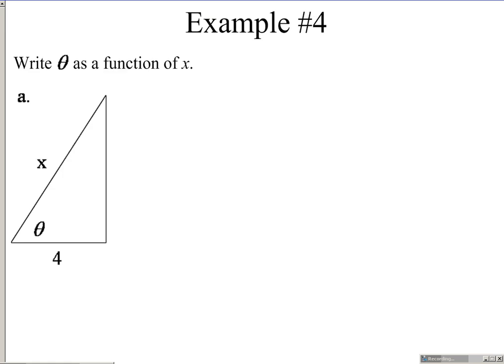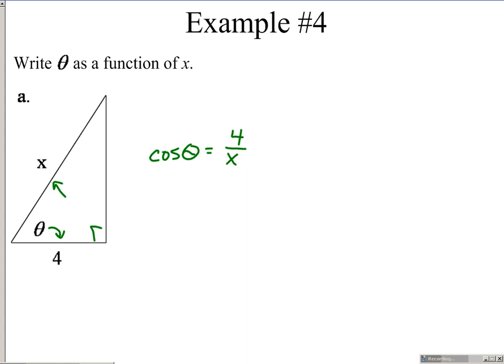Write theta as a function of x. Well, looking at this triangle and using our right triangle trigonometry, so SOH CAH TOA, we know the side adjacent. We also know the hypotenuse. Adjacent and hypotenuse are related by cosine. So the cosine of theta equals adjacent over hypotenuse. We want to solve for theta.